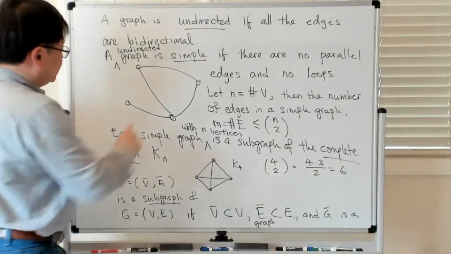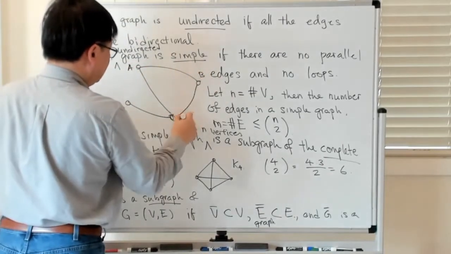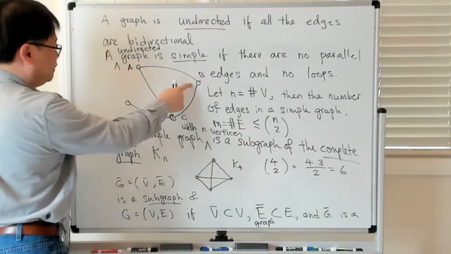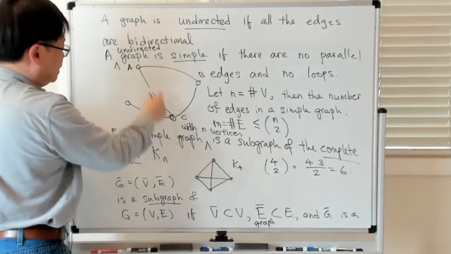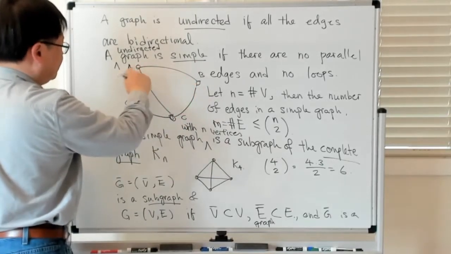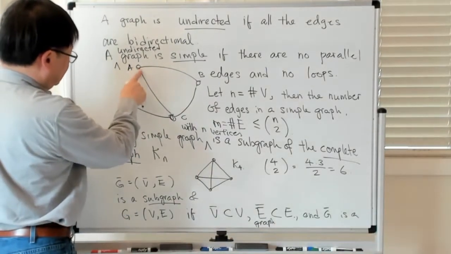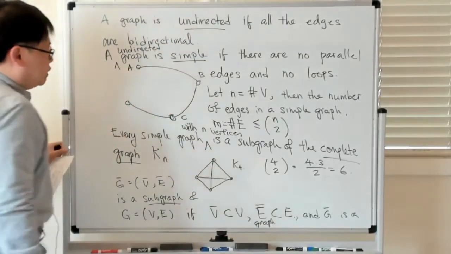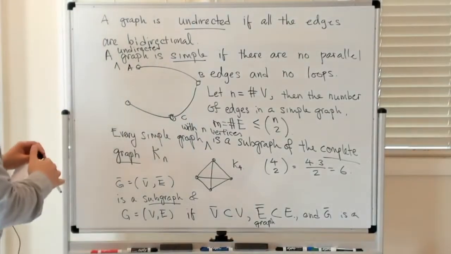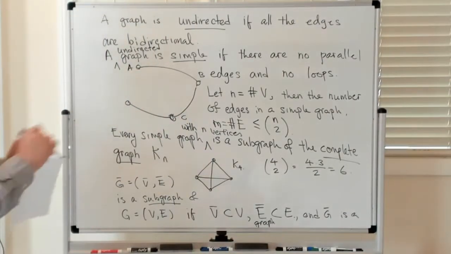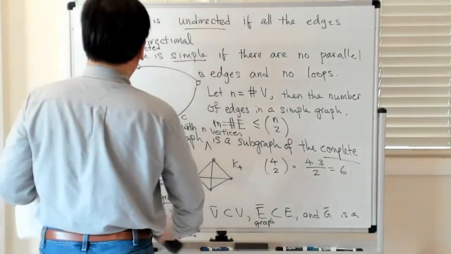Let me just model this as A, B, and C. A is connected to B by the existence of an edge, and B is connected to C. Then we want to say that A is connected to C as well. So we want this notion of connectivity between points in a space to be transitive. How do we make sense of that?